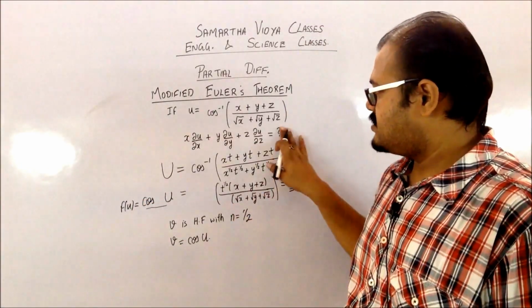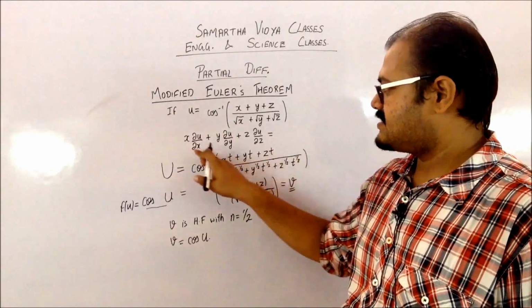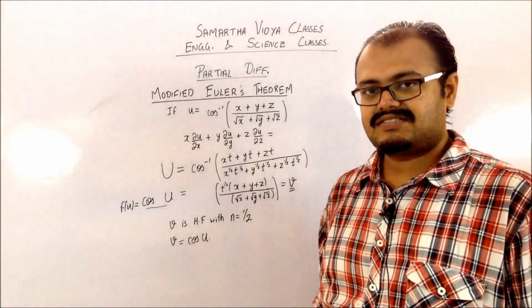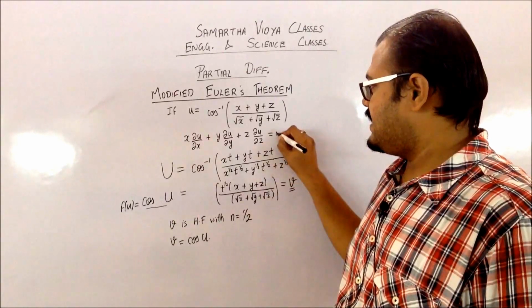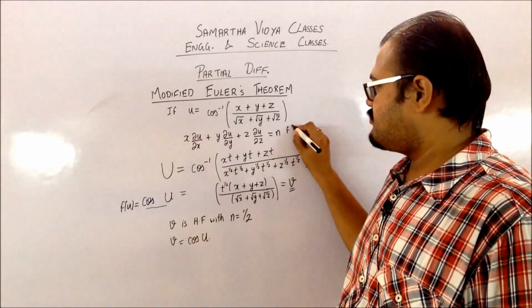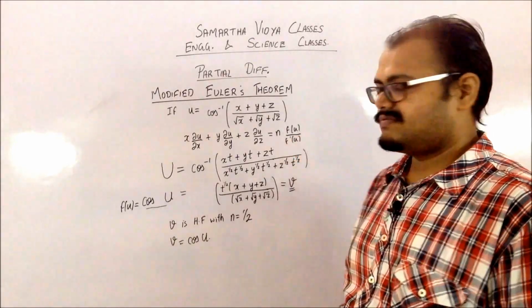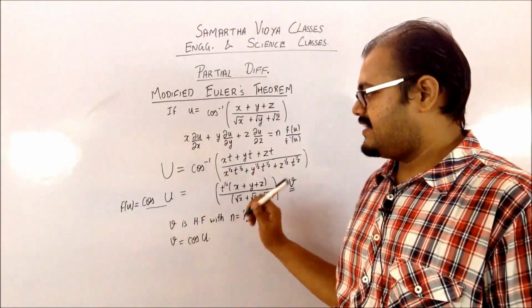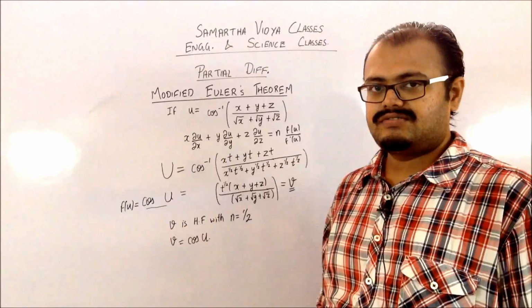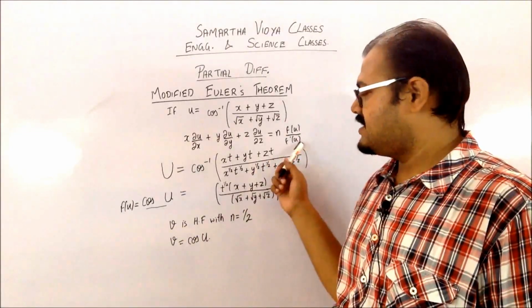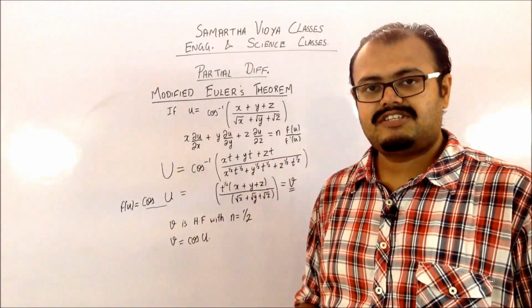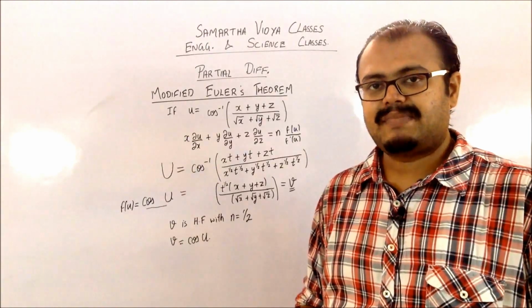Now what you can do is, by modified Euler's theorem, the addition of these terms is going to be equal to n into f of u divided by f dash of u. You have already known that f of u is cos u, so you can just substitute that value, and your f dash of u is going to be the derivative of cos u, which is minus sin u.